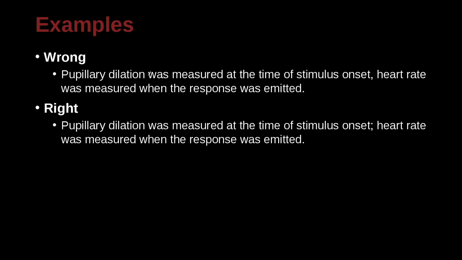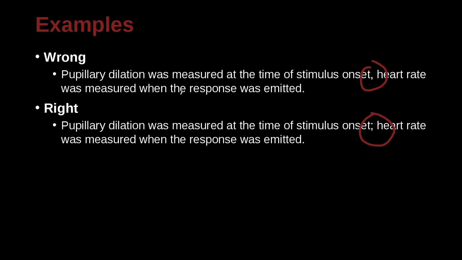Pupillary dilation was measured at the time of stimulus onset. And here we have our difference. Heart rate was measured when the response was emitted. So in this case, we have a comma, but remember that we have to be able to have independent clauses before and after. Pupillary dilation was measured at the time of stimulus onset.